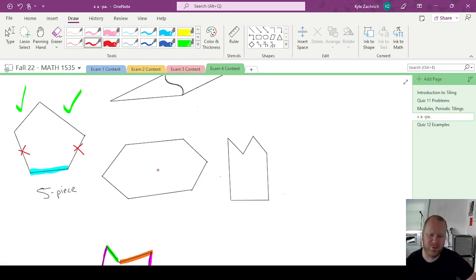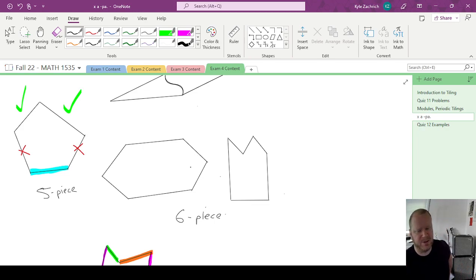For a 6-piece one, so I've got a couple 6-piece shapes here. If you take each of these shapes to be one side per piece, let's say I wanted to look at this side right here.